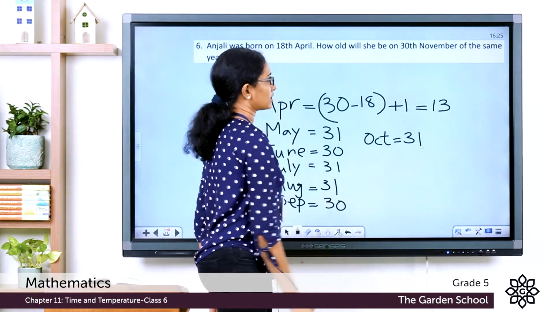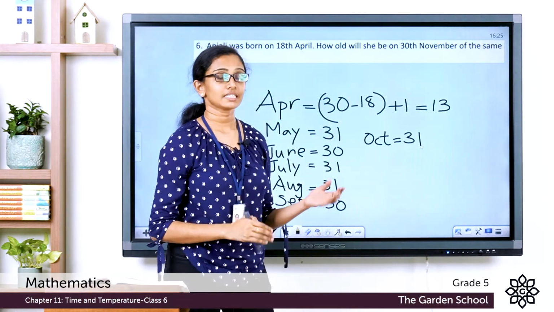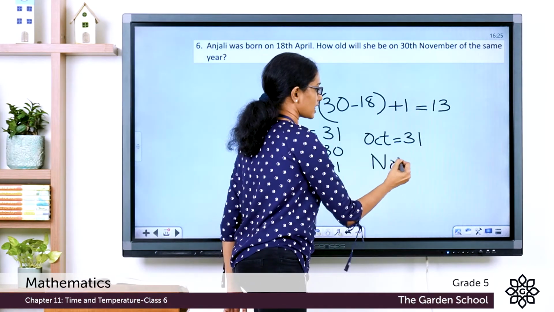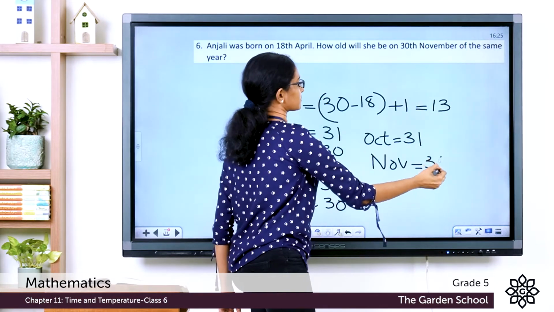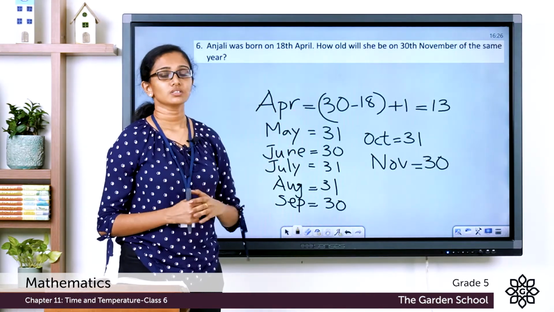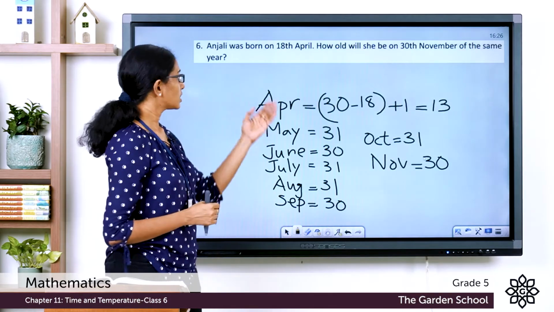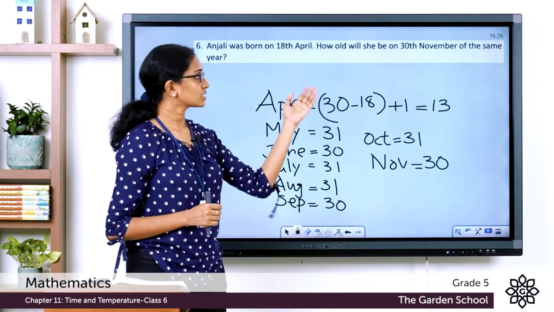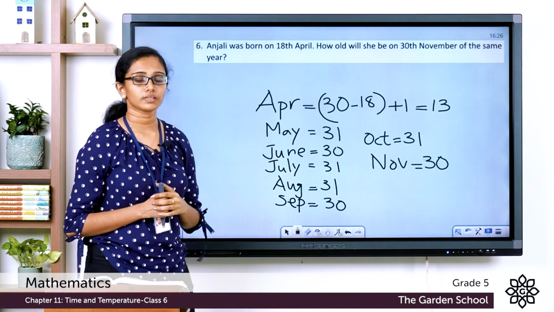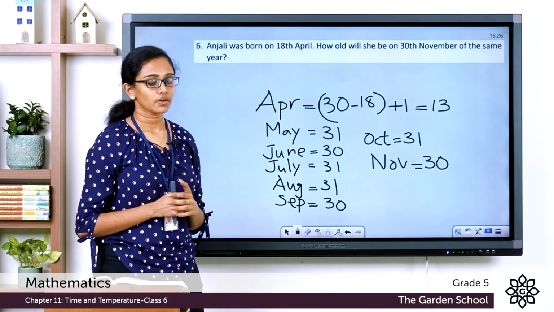Then November, 30th of November, that is the last day of the month of November. So here, how many days have to be considered? 30 days. So you have to add these many days to get the total number of days between 18th of April and the 30th of November, including both days. So you can do that yourself.